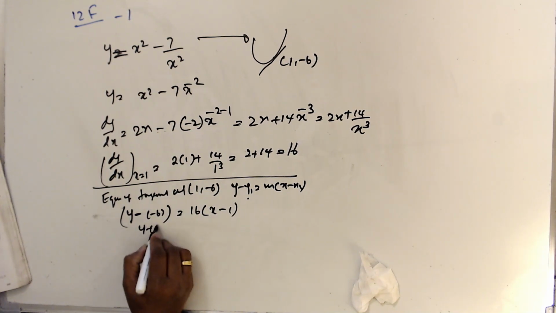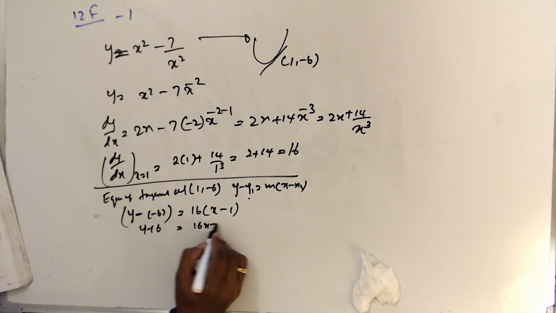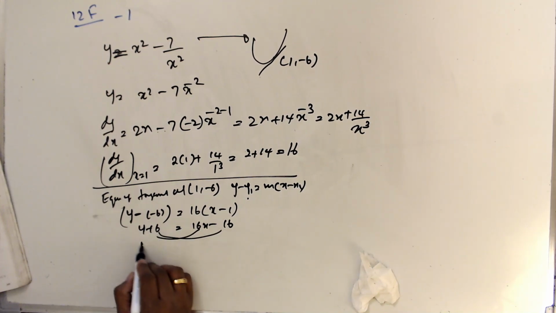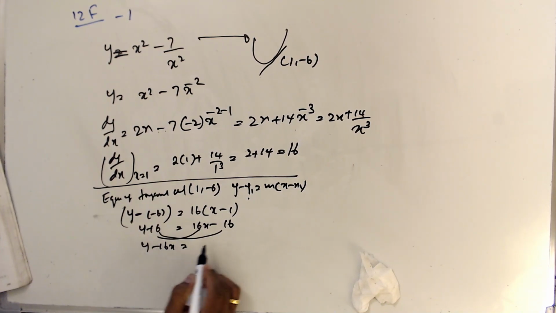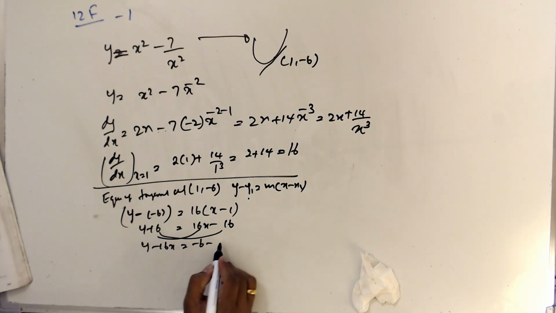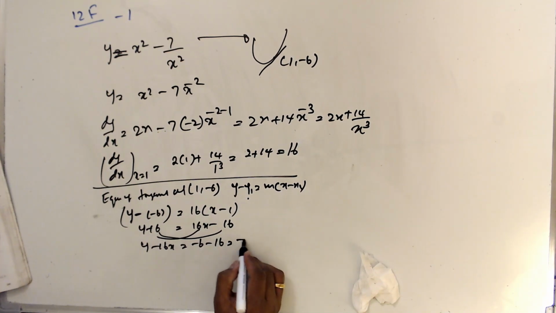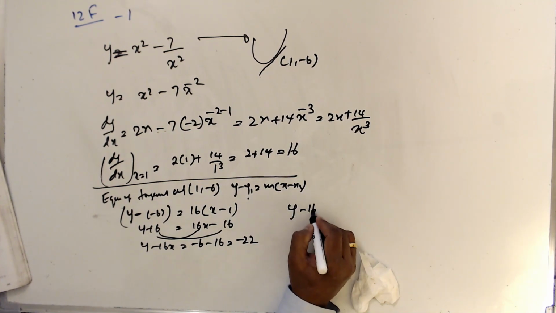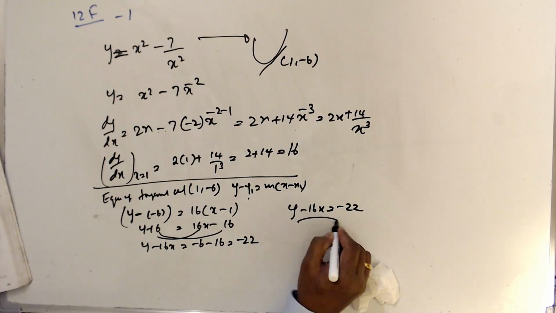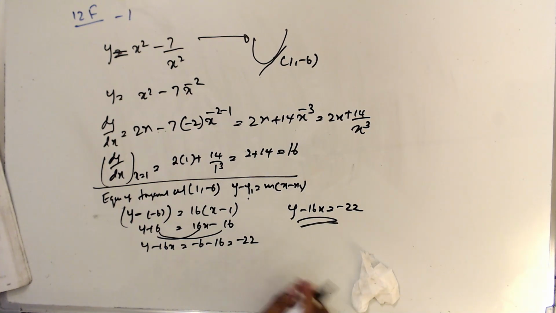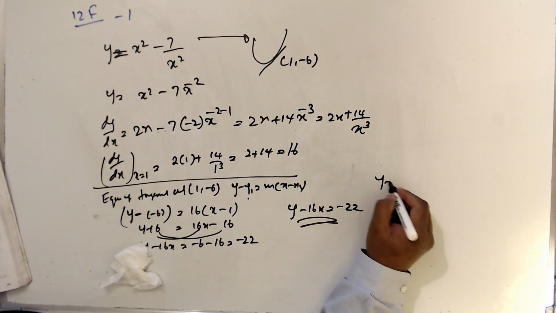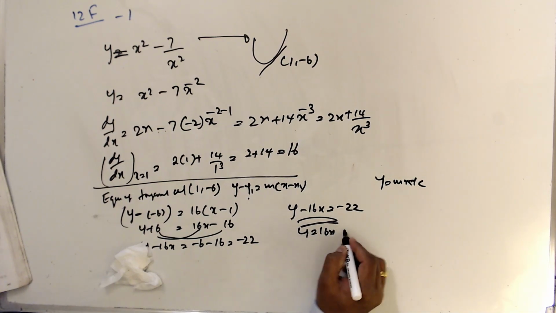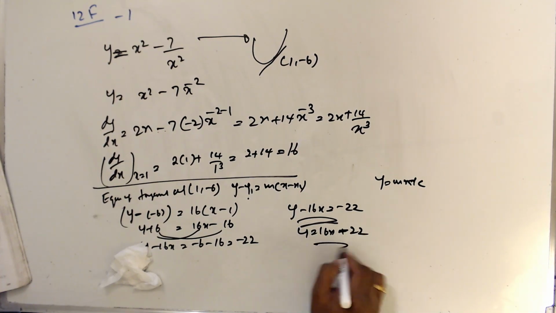So y plus 6 equal 16x minus 16. So 6 here, 16 here, y minus 16x equal minus 6 minus 16, minus 22. So y minus 16x equal minus 22. If you want to give y equal mx plus c form, so y equals 16x minus 22.